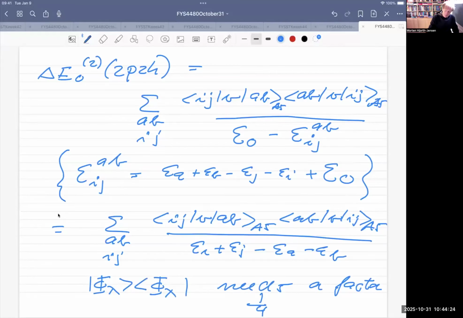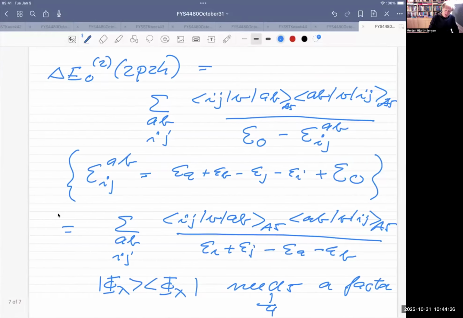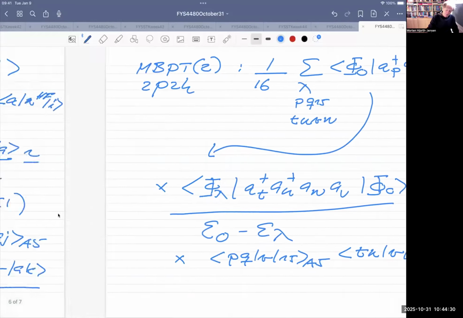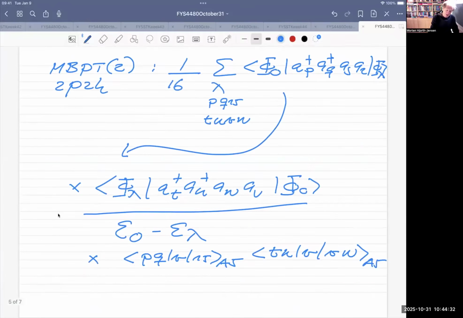So when I did the operations which you saw here, I was actually not giving you the full story, because when we translate this one into a second quantized operator, it needs to be anti-symmetrized because we have fermions.